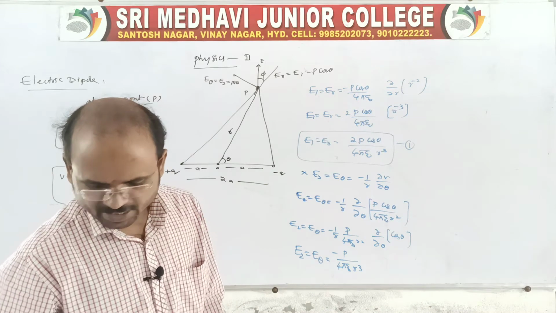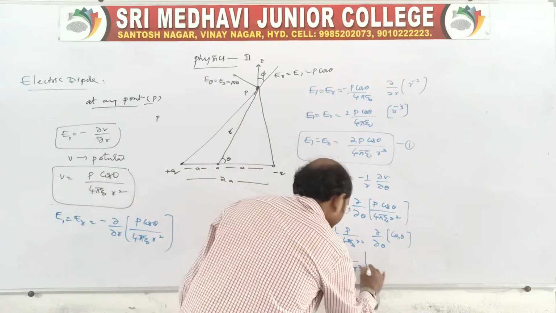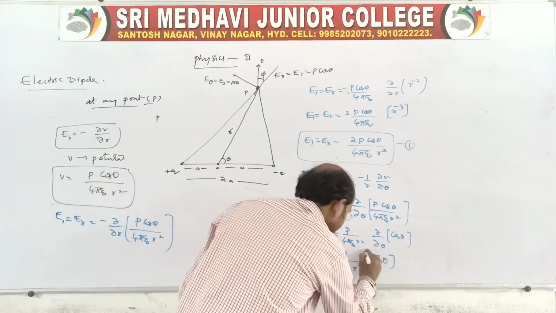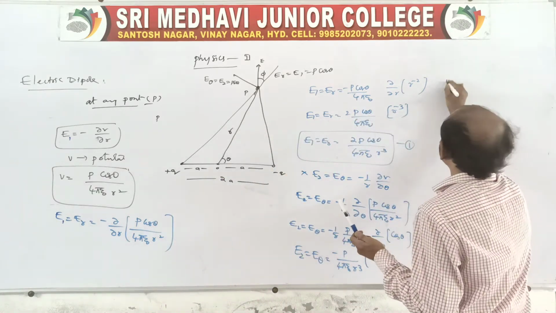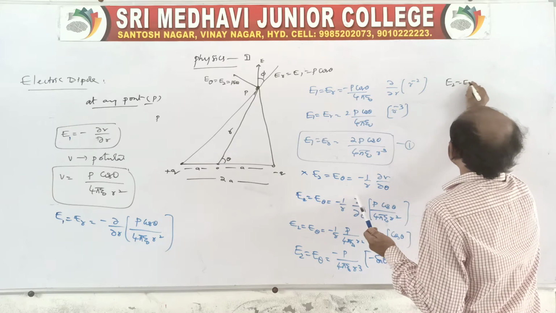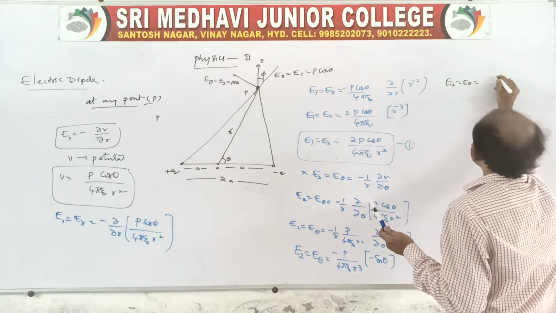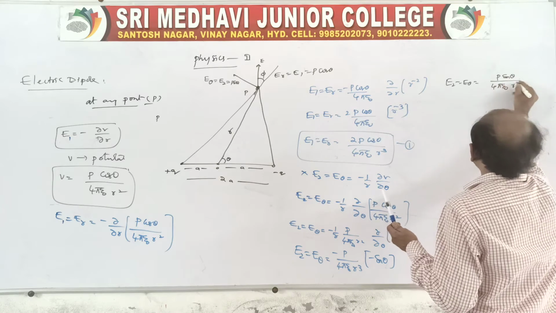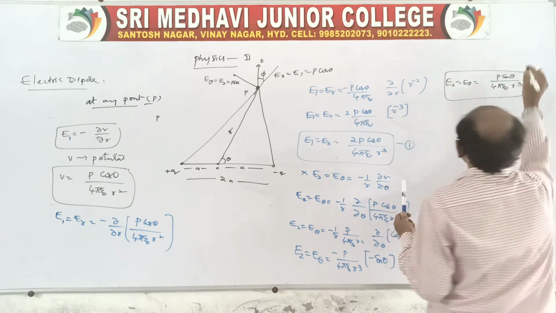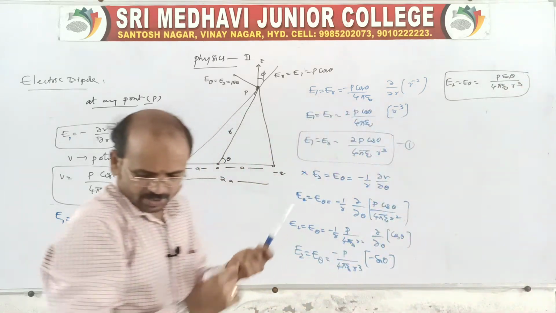Minus and minus become plus, so we are almost at the end. E2 or E theta is equal to P sin theta by 4 pi epsilon naught R cube. So this is due to what?